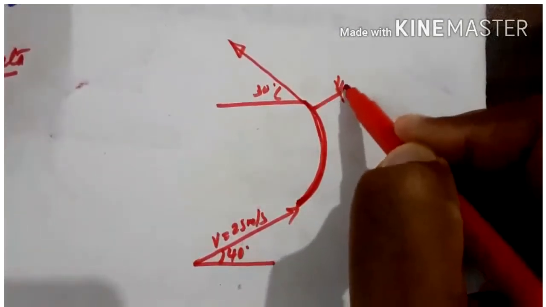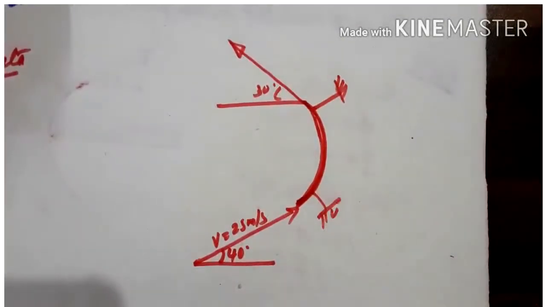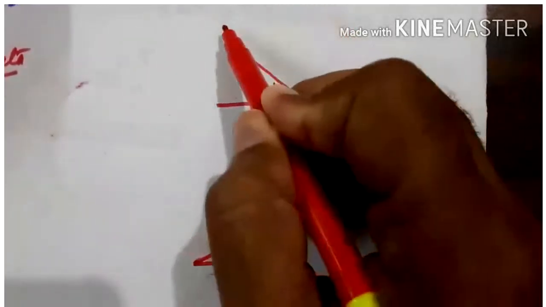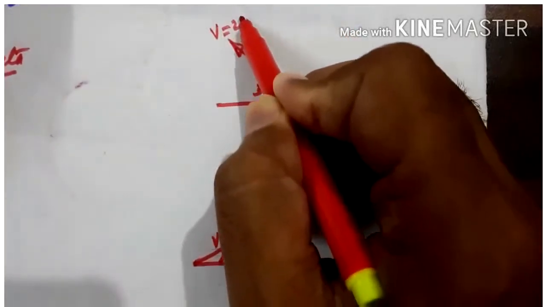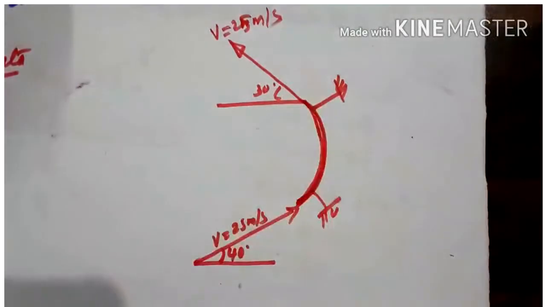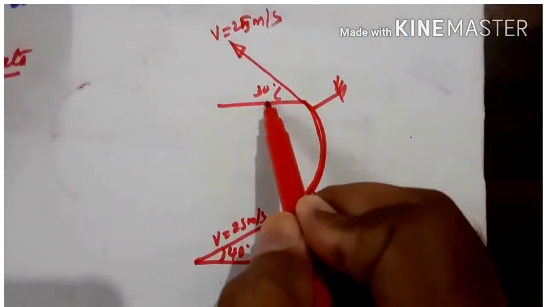Since this is a fixed vane, it is leaving with a velocity of 25 meter per second, with an angle of 30 degree.